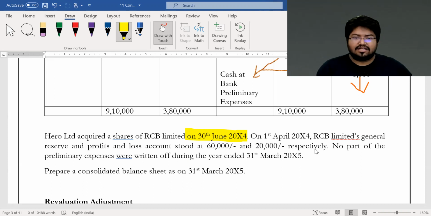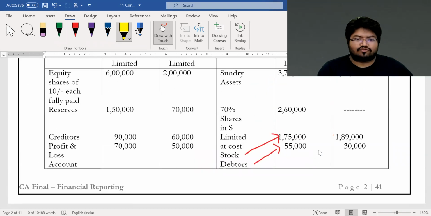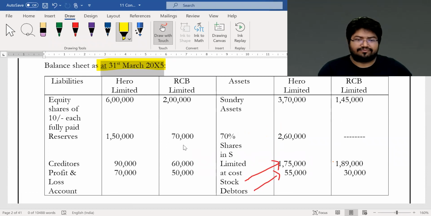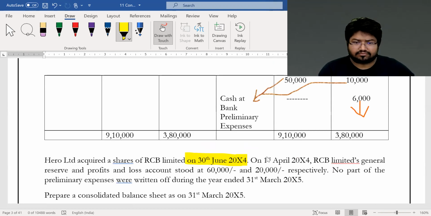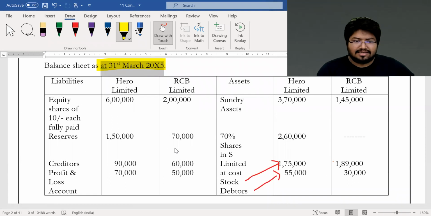So that means your values, whatever you have here, you need to observe. Opening balance of general reserve, what he has mentioned, is 60,000. General reserve opening balance on 1/4/24 is 60,000, but it has become 70,000 by the end of the year.